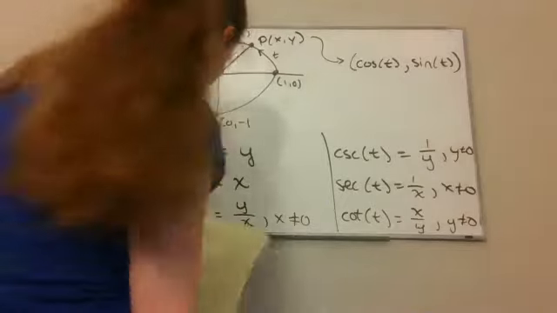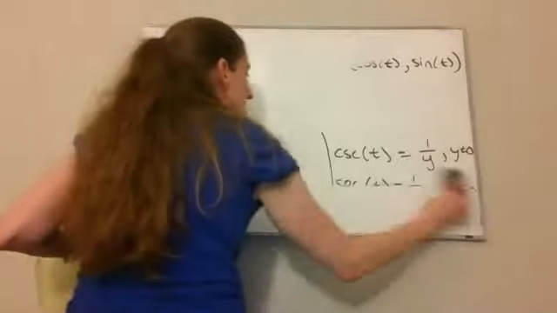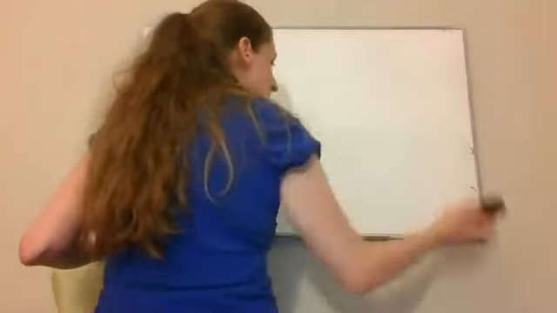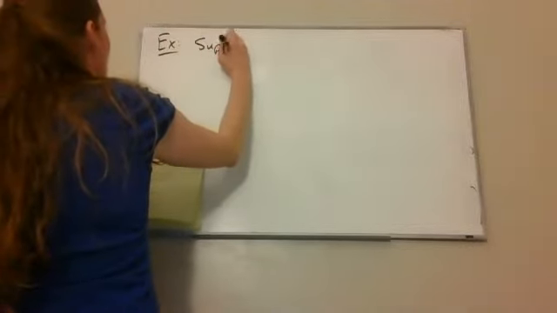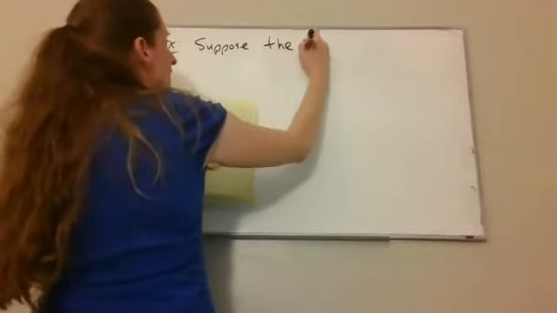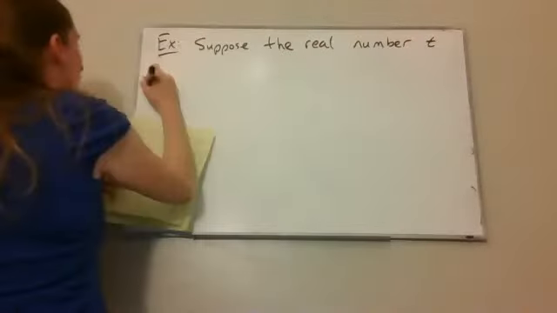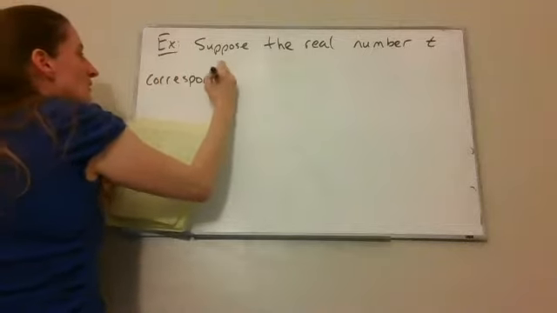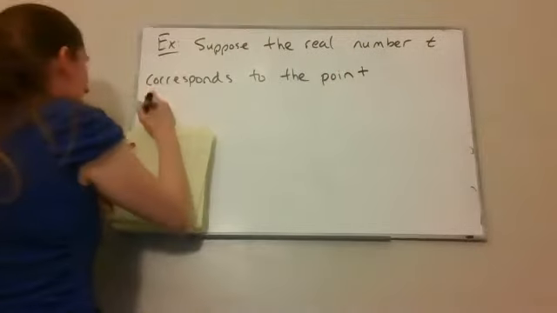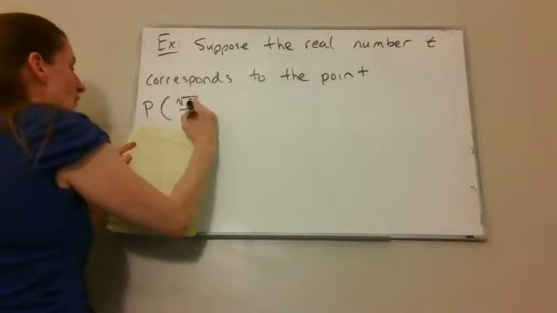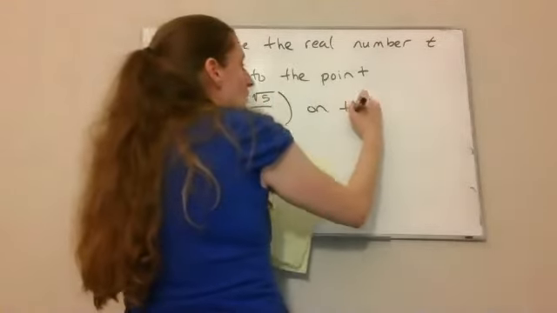So let's do an example. Let's suppose that the real number t corresponds to the point P, which is (square root of 5 over 5, 2 square root of 5 over 5) on the unit circle.